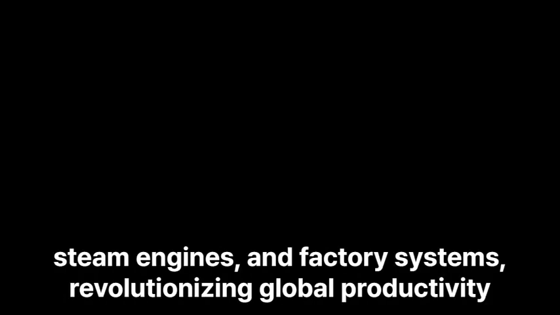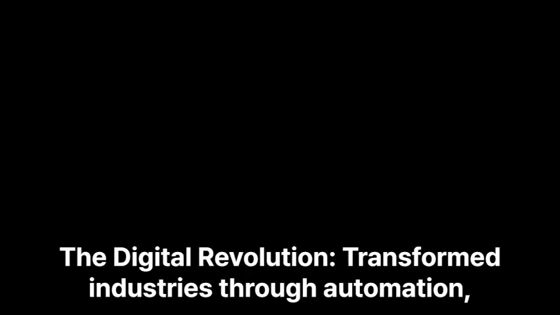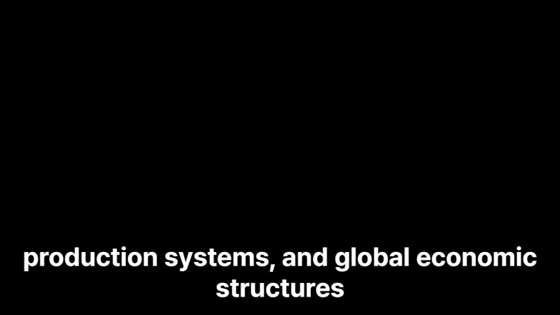The Industrial Revolution introduced mechanized production, steam engines, and factory systems, revolutionizing global productivity. The Digital Revolution transformed industries through automation, artificial intelligence, and the Internet. These technological changes have had profound impacts on labor markets, production systems, and global economic structures.